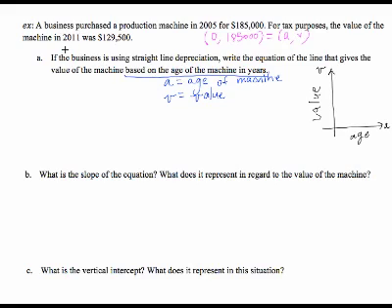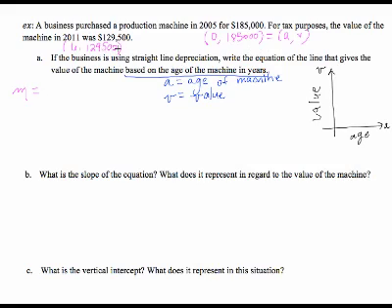Then in 2011, it's 6 years old, and its value is 129,500. With those 2 points, we can compute the slope. Doesn't matter which version of the equation of the line you use, you still need the slope.